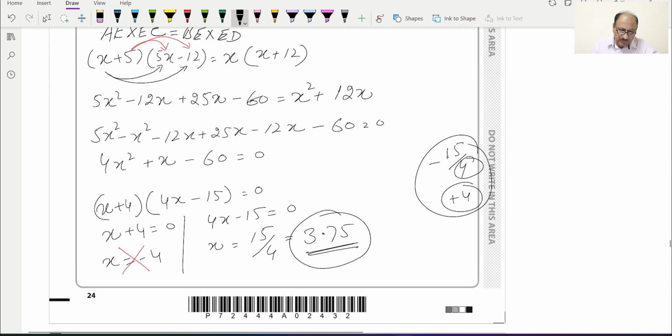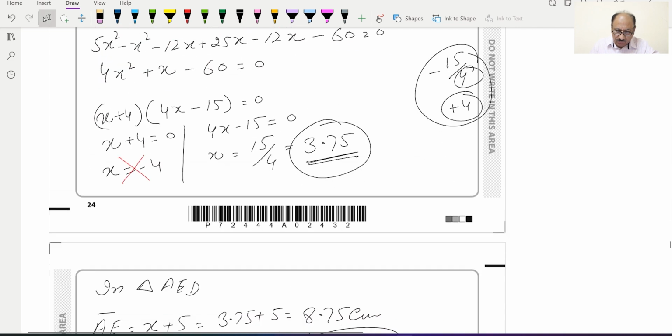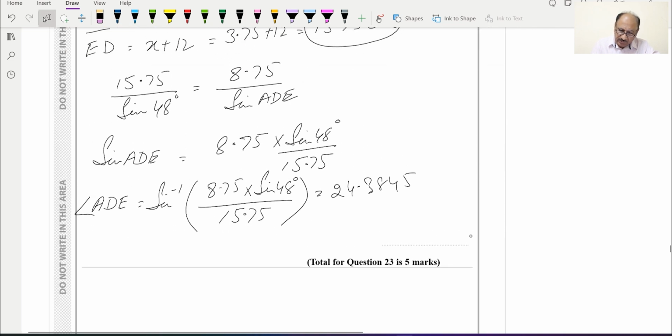They require the answer to one decimal place, so we round this to 24.4. The answer will be 24.4 degrees, and this is the final answer for this question.